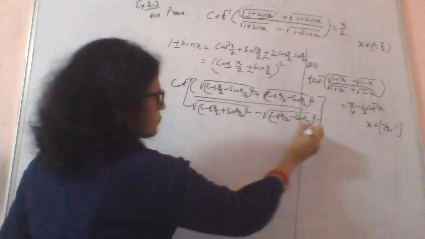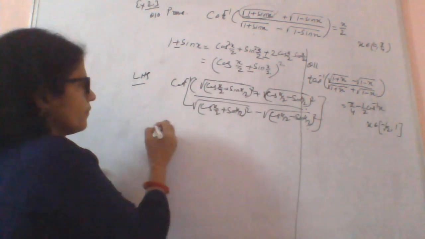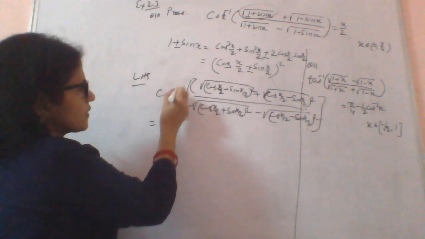And if you are taking the square root directly, you can write it here also. So you just write cot inverse like this.